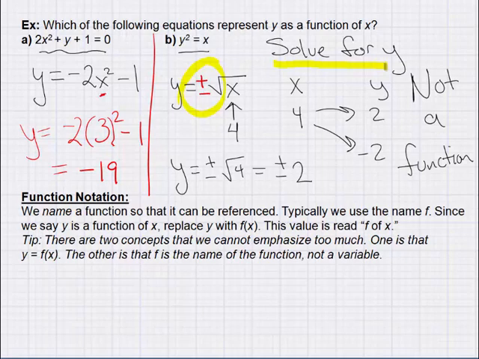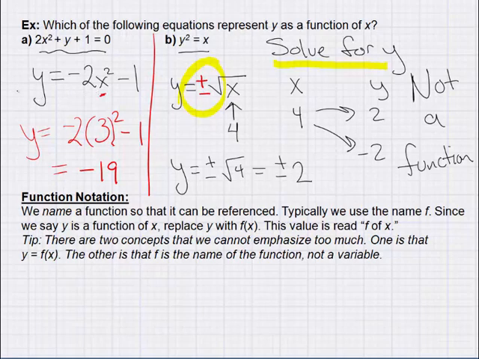So we don't want to have to do this all the time. We want to look at an equation and automatically know it's a function. The way we can do that is by what we call function notation. If I look at this first equation, a, and I solve for y, I don't have to check to see if this is always a function.